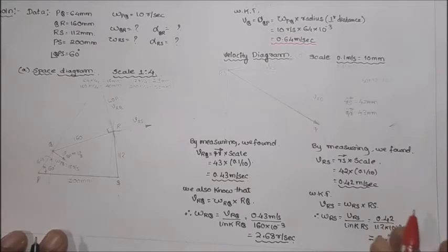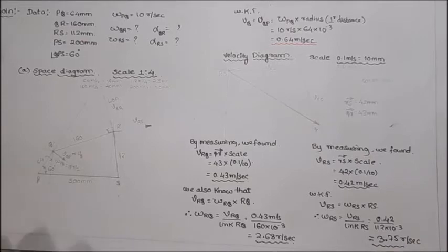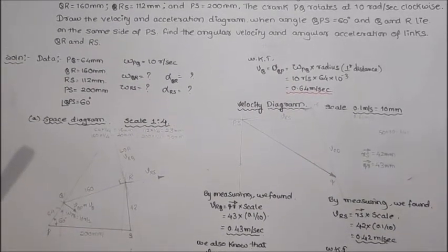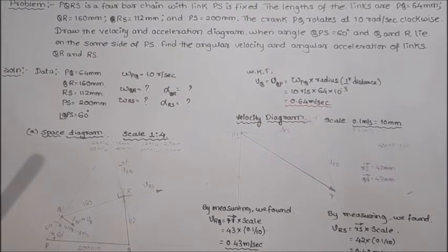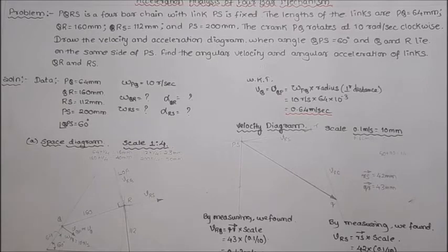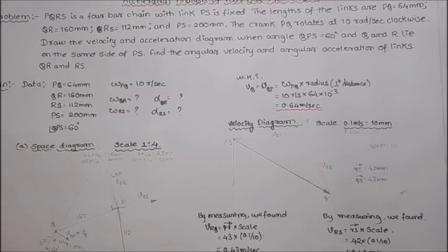These are the values. Using these values, next we need to find out the acceleration. From the inputs from the velocity diagram only, we can find out the acceleration part, that is the acceleration diagram. So we'll start with acceleration diagram.